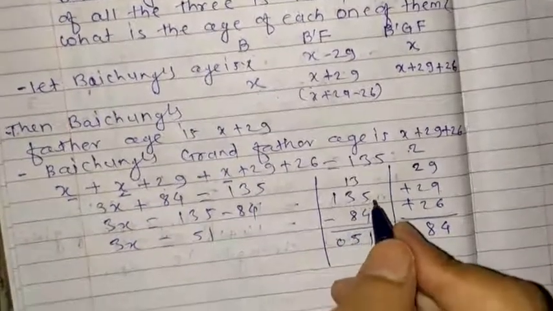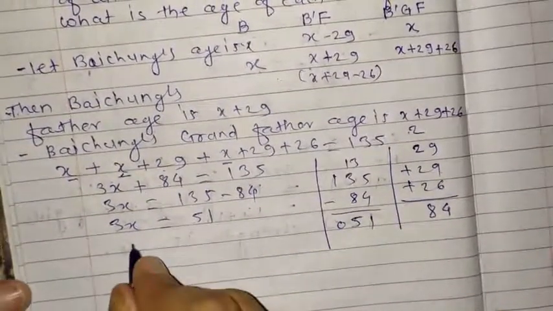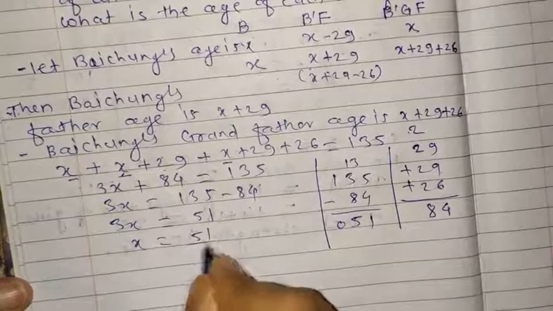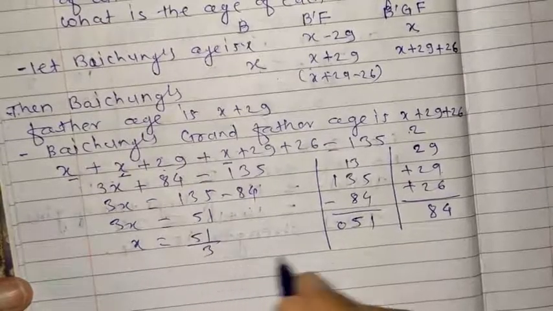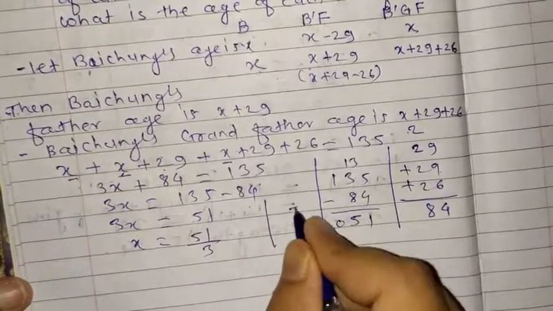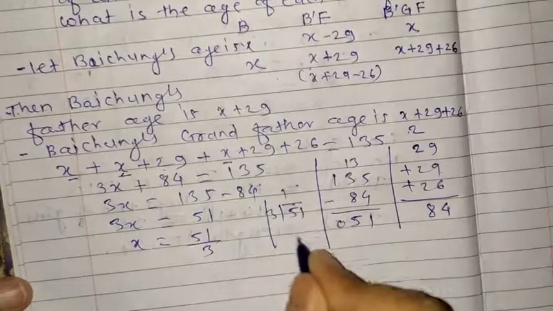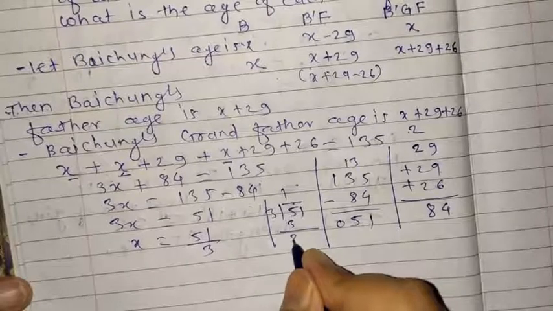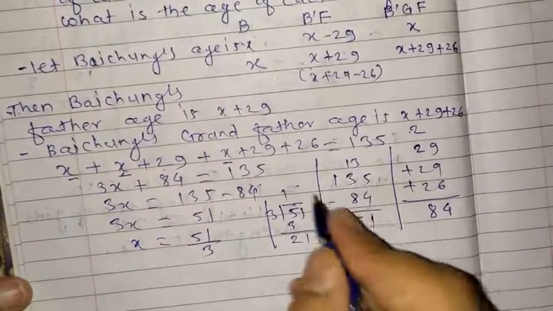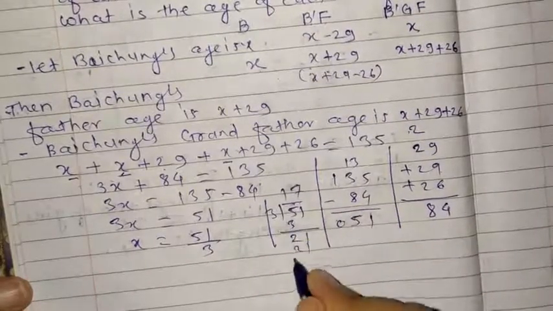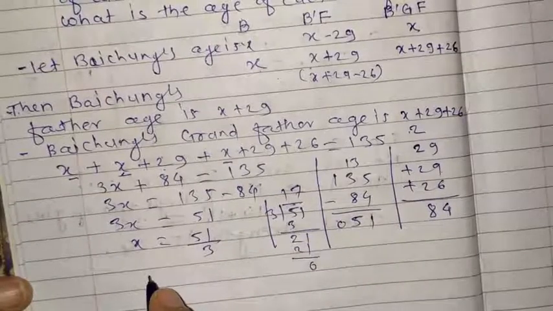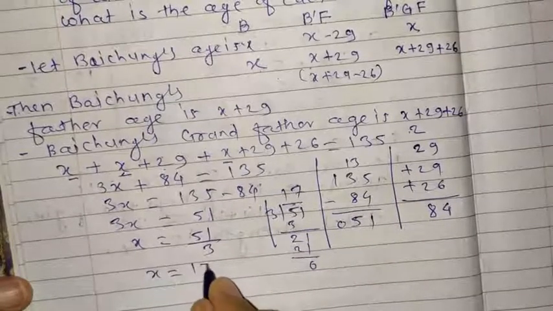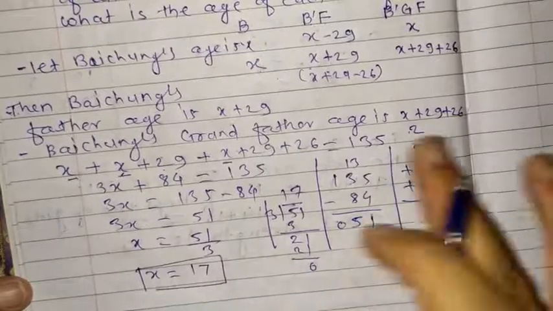Finally we are done with 51, then X equal to 51 by 3. So you have to divide this number by 3. 3 ones are 3. So here 2 will be there and 1 you take from upside. 3 into 7, 21. Remainder will be 0. So here X equal to 17. This is the actual answer.